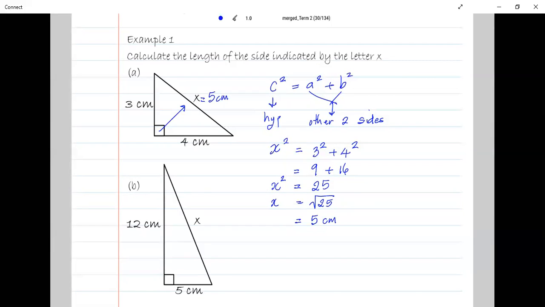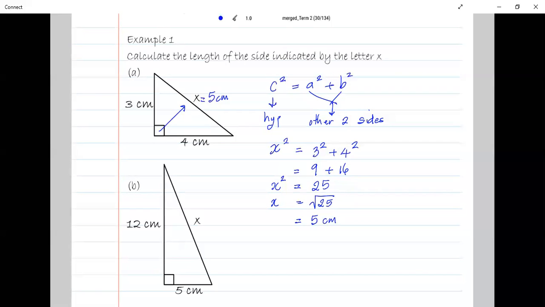Ladies and gentlemen, Pythagoras theorem is used to find the length of the third side of a right angle triangle when the length of the other two sides are given. Additionally, for a right angle triangle, the hypotenuse is the longest side, and it is the side that is opposite to the right angle.